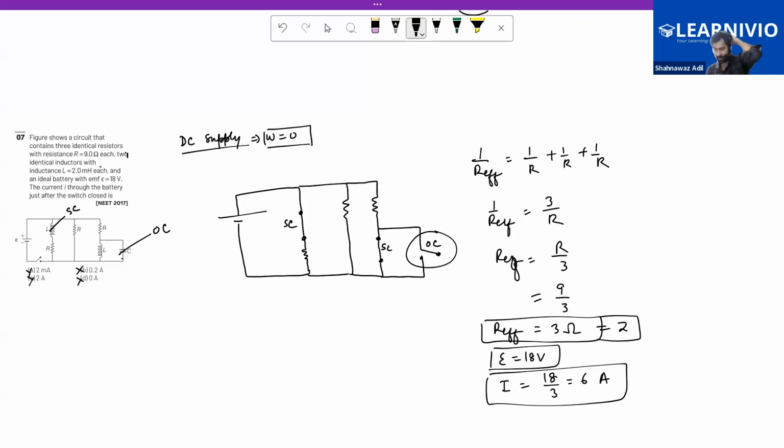Yes, whenever you guys have noted it down, please tell. So this one is also short circuit, right? Yes, noted, guys.